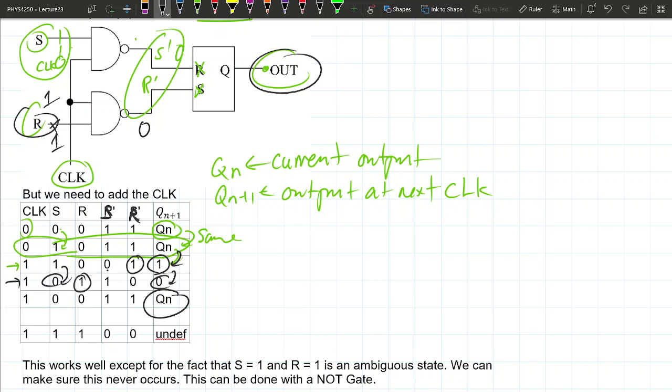It stays the same. So this is blocked, not able to write, not able to change. Only when the clock is high and your R information is high is the only time you can change the output.